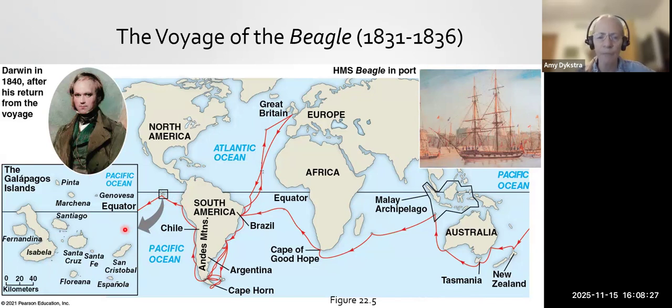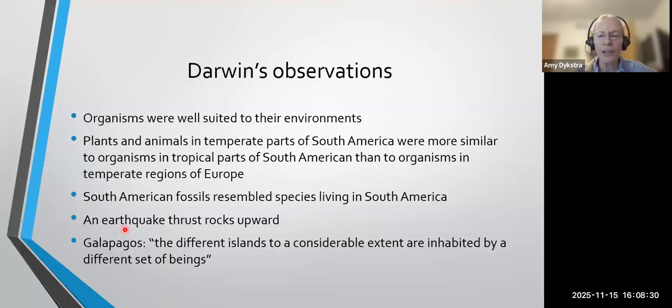So here were some of the things that he was observing while he was on this trip. He observed that organisms were well suited to their environments, and we had already noted this earlier in our lecture. He noticed that plants and animals in temperate parts of South America were more similar to organisms in tropical parts of South America than they were to organisms that lived in temperate regions of Europe.